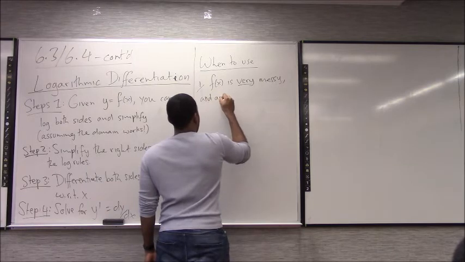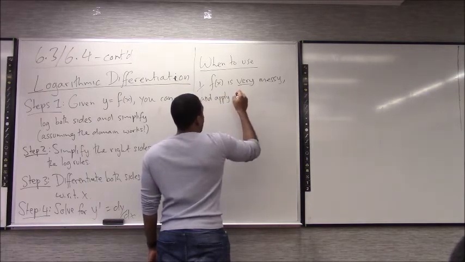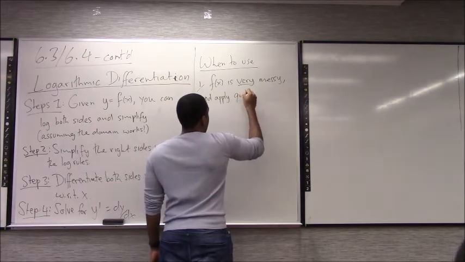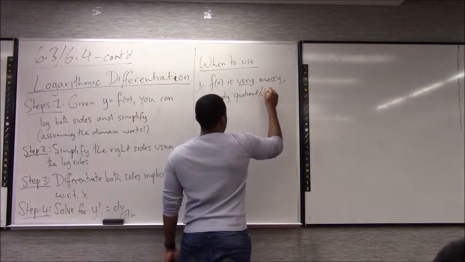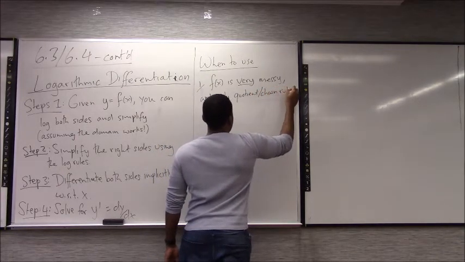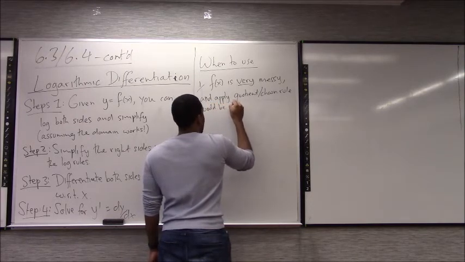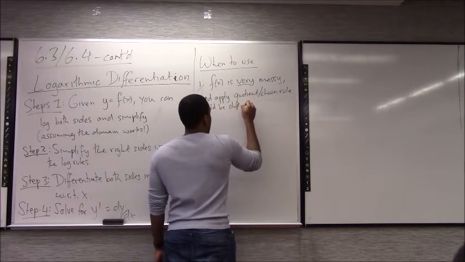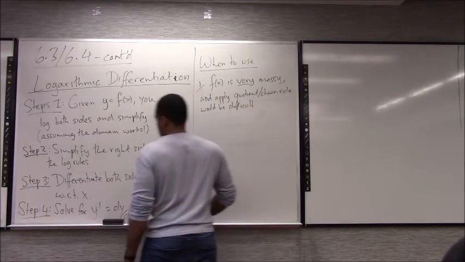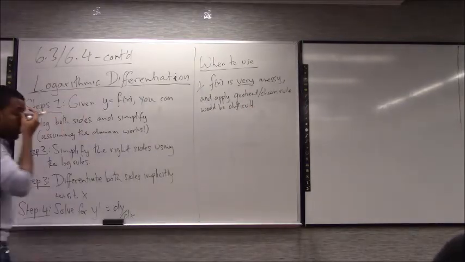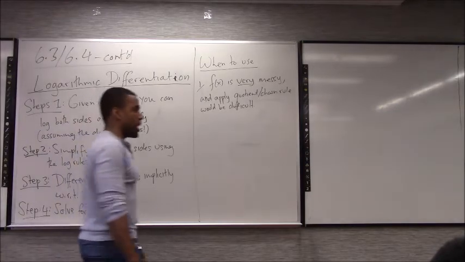And applying, usually it's going to be something like the quotient rule, and applying some sort of derivative rule would be very difficult to actually go through the mechanics of doing it.